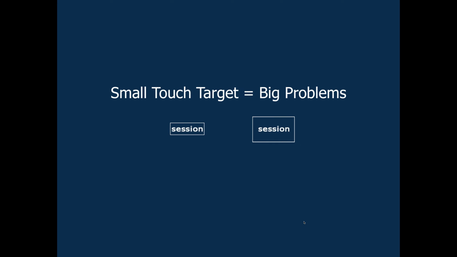So this is just a quick example. I've got two buttons. One is designed for the fingertip and the other is designed for the thumb. So these are our hit targets. So we've got the fingertip and the thumb. And then if we've designed something for the fingertip, we can actually run into some problems. So I've swapped the hit targets.